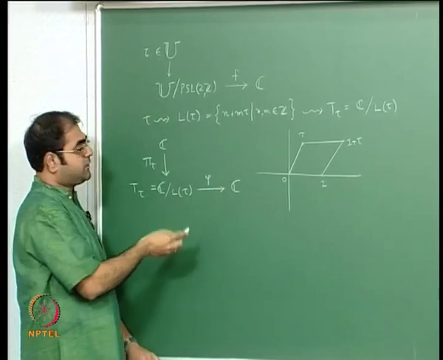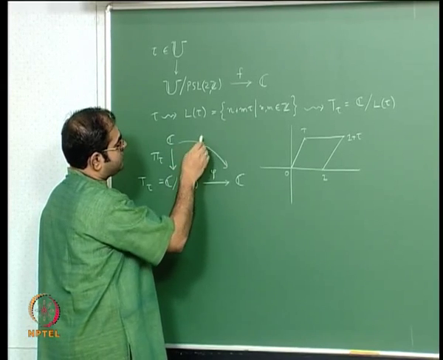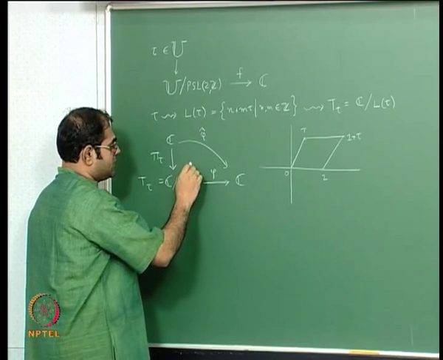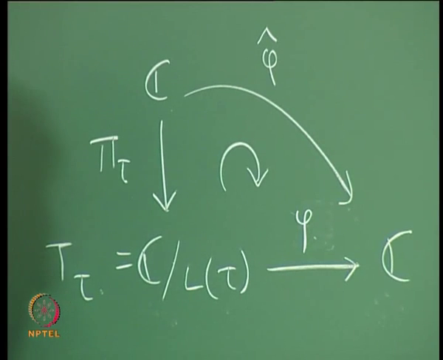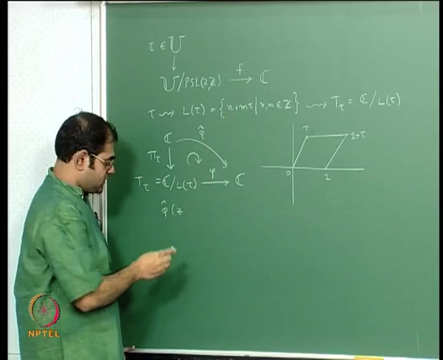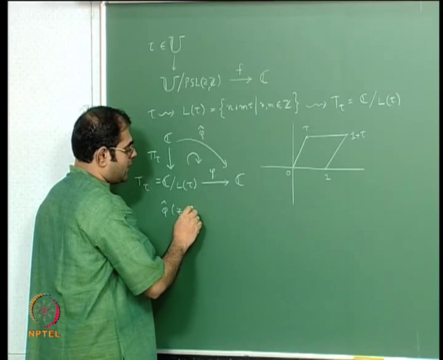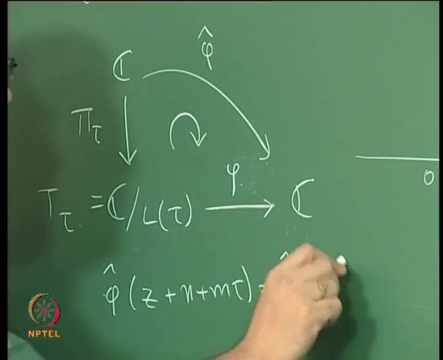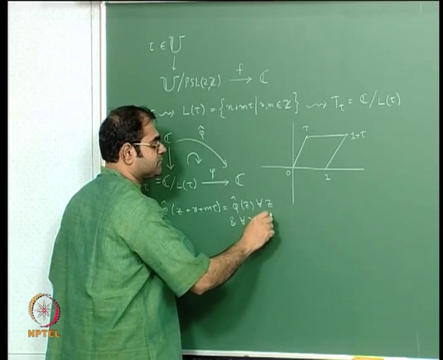So the point is that if I have a function here, then I get a function there. Suppose I call it phi hat. I put the circular arrow to say that this function is just this followed by this. Phi hat of course has to be periodic with periods 1 and tau, which means that phi hat of z plus n plus m tau should be the same as phi hat of z for all z and for all n, m integers.